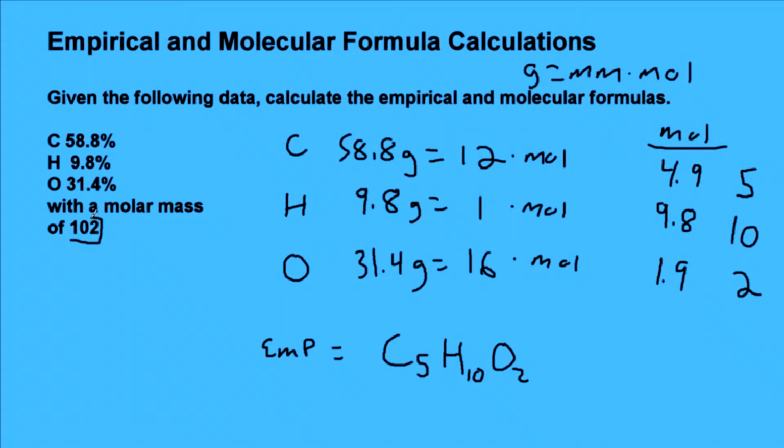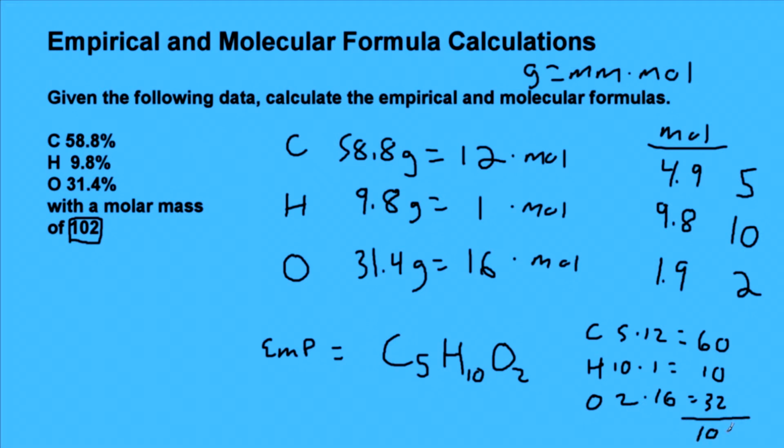We need to check out the molar mass. We're looking for formulas that have a molar mass of 102 in this case. So let's calculate the molar mass of C5H10O2. So this adds up to 102.